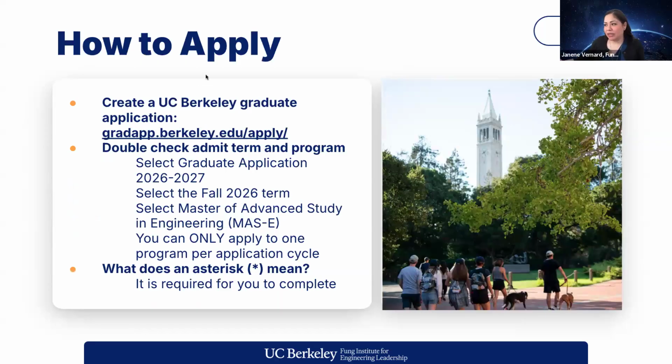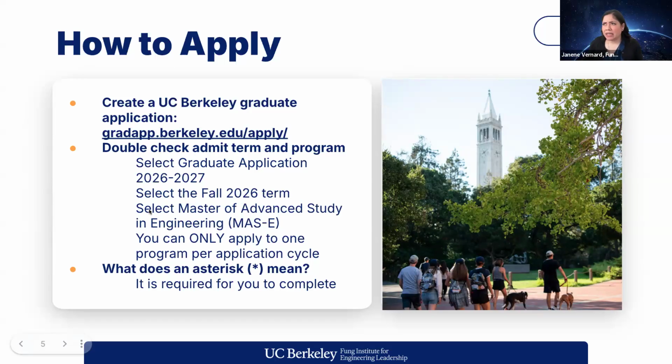And how do you apply? So go ahead and go to gradapp.berkeley.edu/apply. Double check the admit term and program. Select the 2026-2027 graduate application, select the fall 26 term, and then select MasE. Please note, you can only apply to one program per cycle.